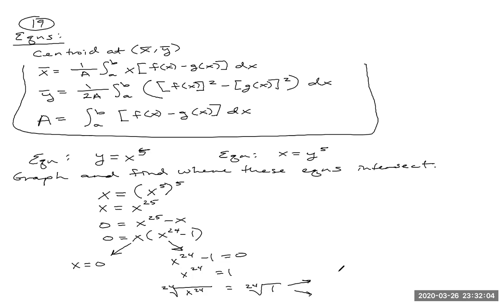Because it's an even root, x is either positive 1 or x is negative 1. For number 19, we're asked for Q1 intersection. So for that, we're going to be using this x value. And of course, this x value.